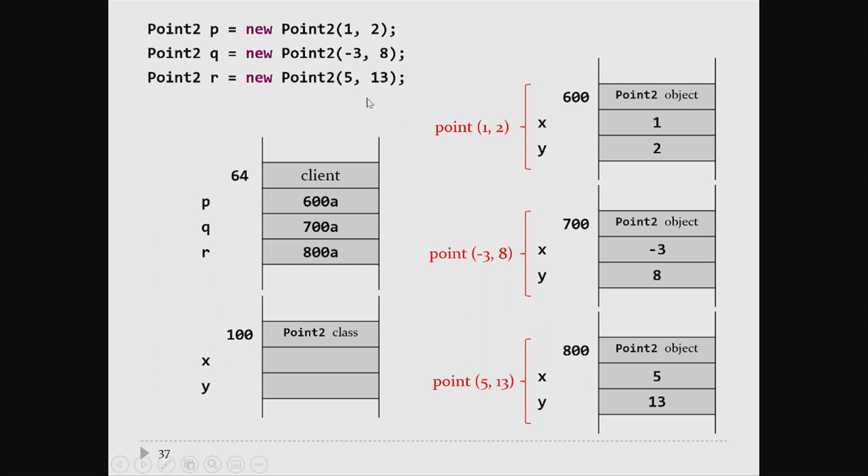So if you use P to modify this point object, it's these two values that change. If you use Q to modify this point object, then it's these two values that change. And finally, if you use R to modify that point object, it's those coordinates that change. Every object gets its own state.